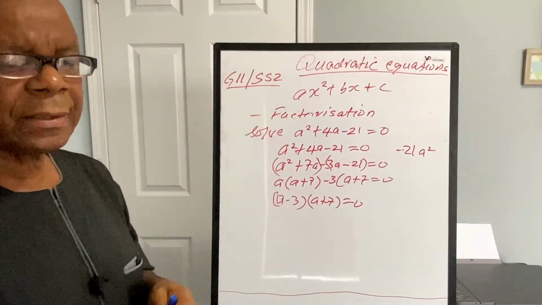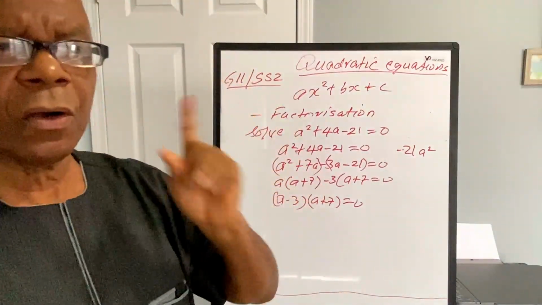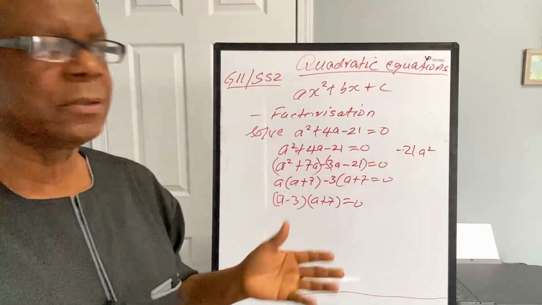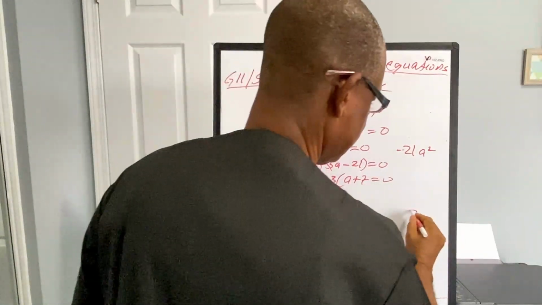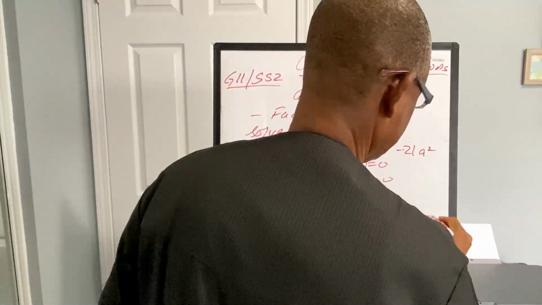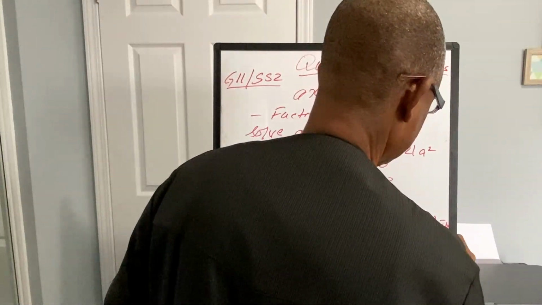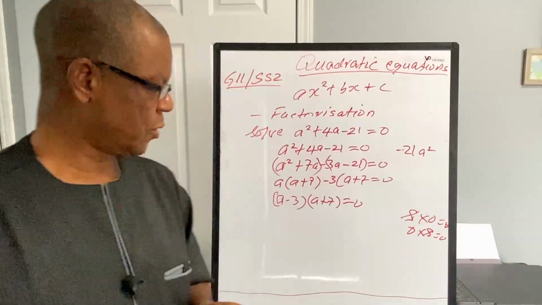You know that when the product of two numbers gives you 0, one of that number must be 0. Like 8 times 0 is 0, and 0 times 8 is 0. Any number times 0 will result to 0.